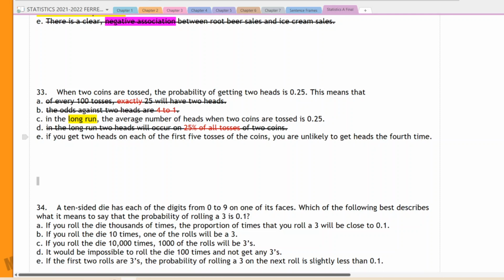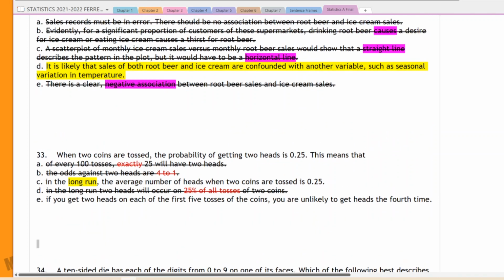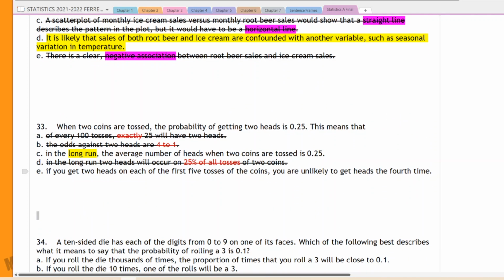And lastly, if you get two heads on each of the first five tosses, you're unlikely to get heads on the fourth one. That's not correct. You're just as likely to get heads on the fourth trial as you are on the first two trials.